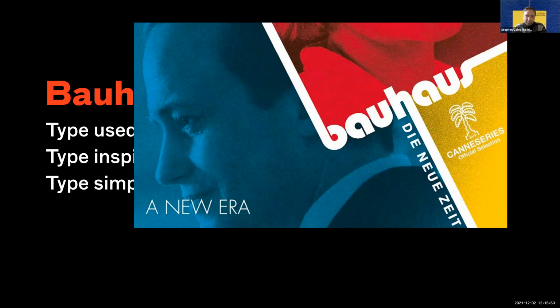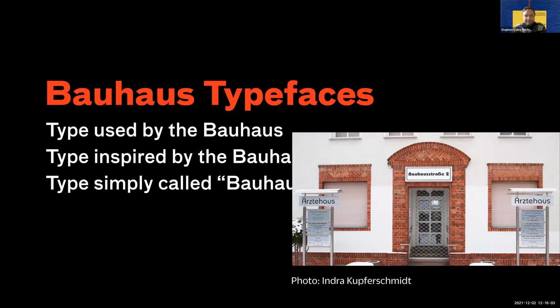Looks like a really great dramatization of the Bauhaus, but again, not the type I would choose for the logo. And even worse, Bauhausstrasse. This is Bauhaus Street in Dessau, I believe, using a typeface that is called Bauhaus, but really has very minimal relationships to the school itself.